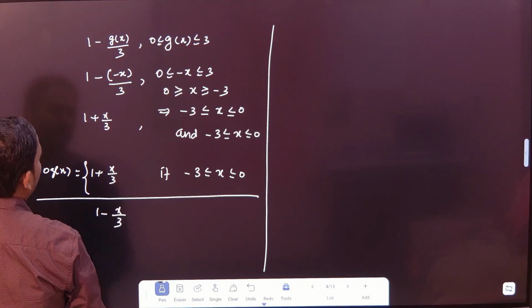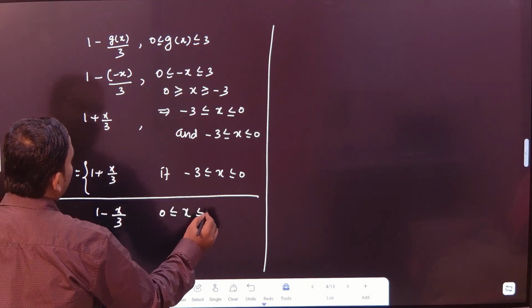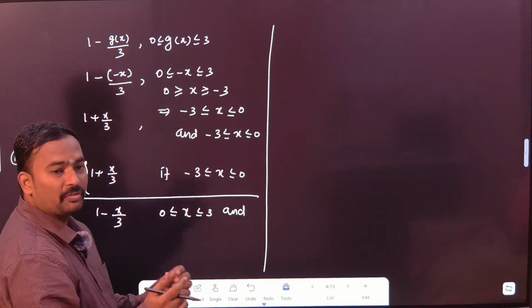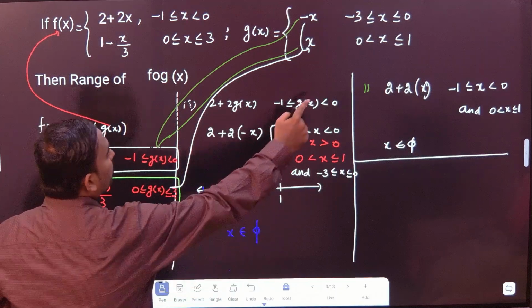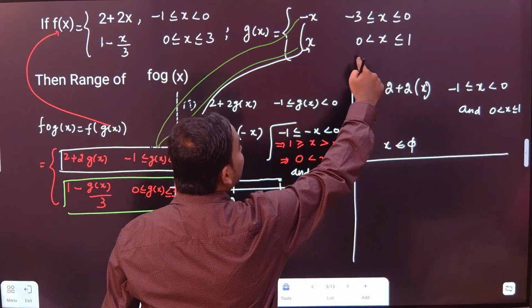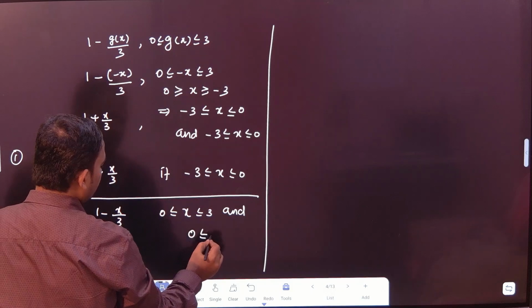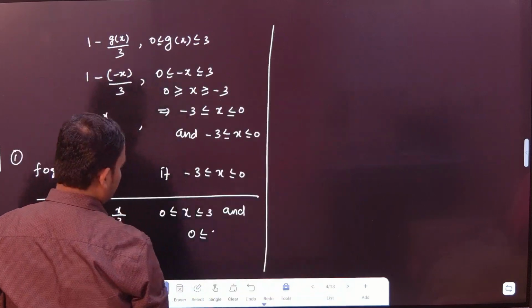X by 3, 0 less than x less than or equal to 3, and when g of x equal to x, you can see here, when x is 0 to 1, that is also you can take. 0 is not included, no? 0 is not included.